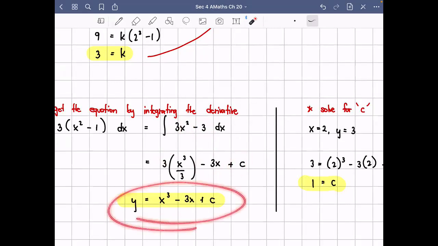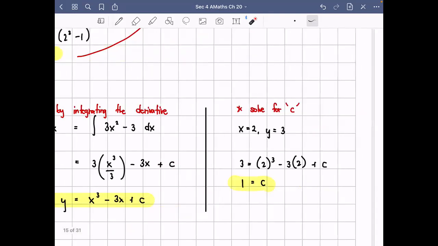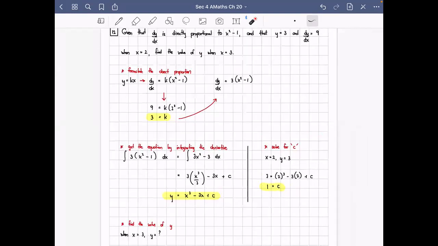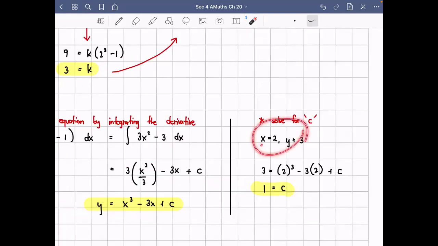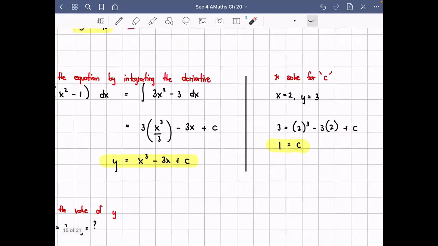So this is now your equation, but you still have c. So how do you find the value of c? Given that x is 2 and y is 3, plugging it into the equation of y, our c is equal to 1.